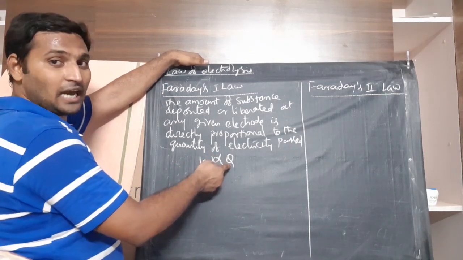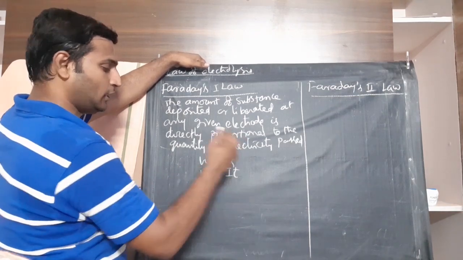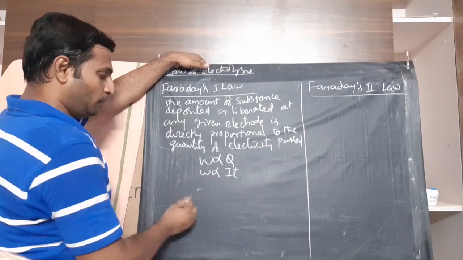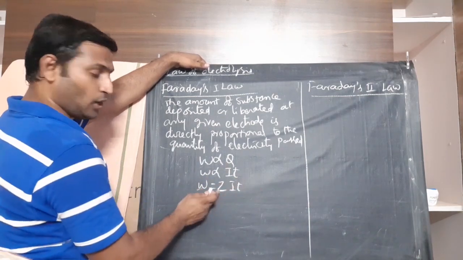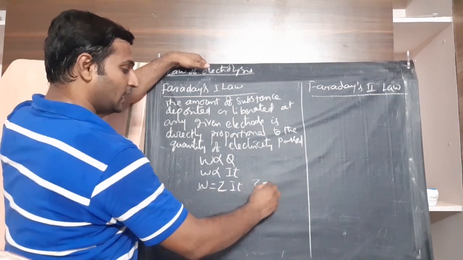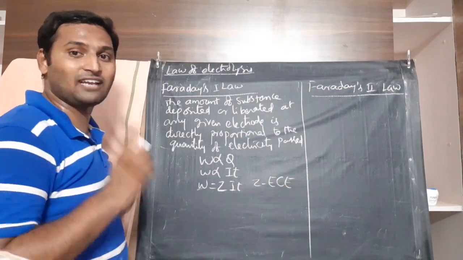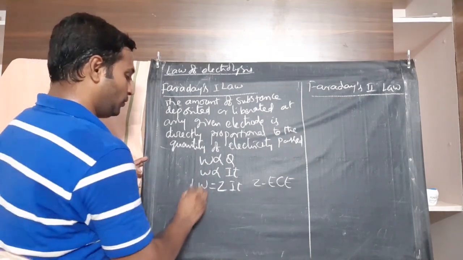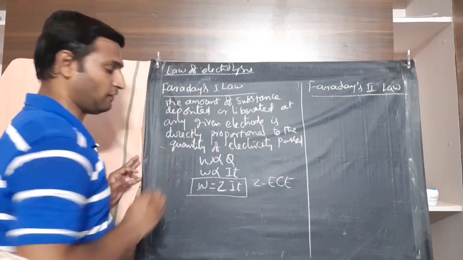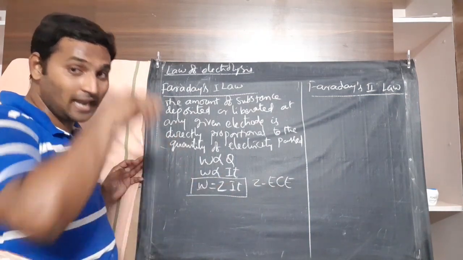You know very well charge is equal to current into time, so I can write W ∝ I × T. To remove proportionality, we introduce a constant value called Z, which is called ECE, means electrochemical equivalence. What is Z? Electrochemical equivalence. So, the mathematical expression for Faraday's first law is W = ZIT.